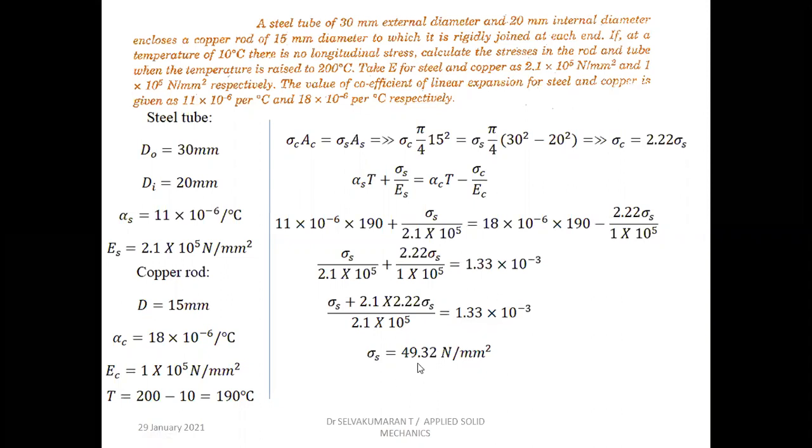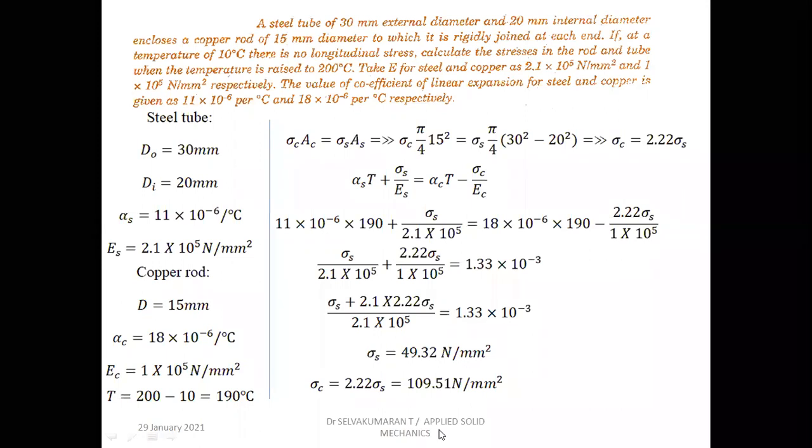After simplification, we get the stress induced in steel as 49.32 Newton per mm square, and in copper, just multiply by 2.22, you will get the stress induced in copper as 109.51 Newton per millimeter square.